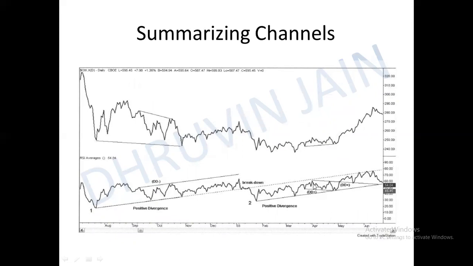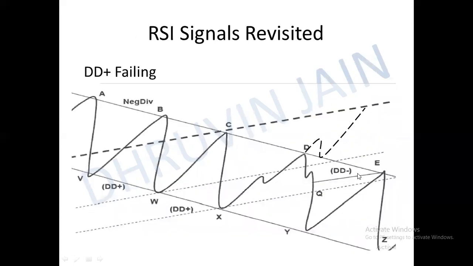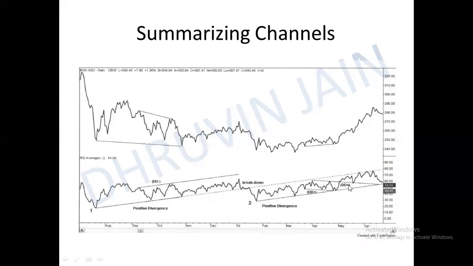To continue its trend, RSI should have broken from this point where I'm moving my cursor right now. No, RSI didn't break. Actually, RSI continued its travel inside the ascending channel, and at some point RSI also started making DD plus, and also descending channels, and broke from the upside, thus showing us that we now have a successful range shift.